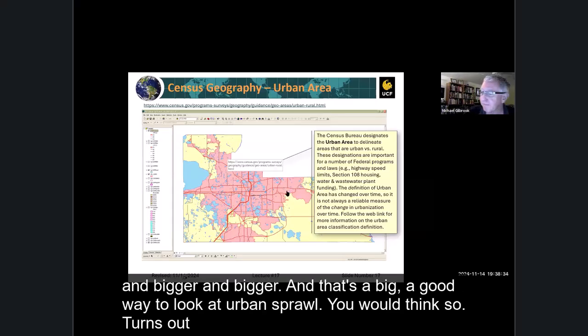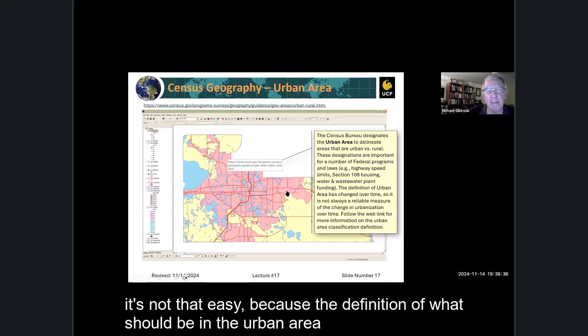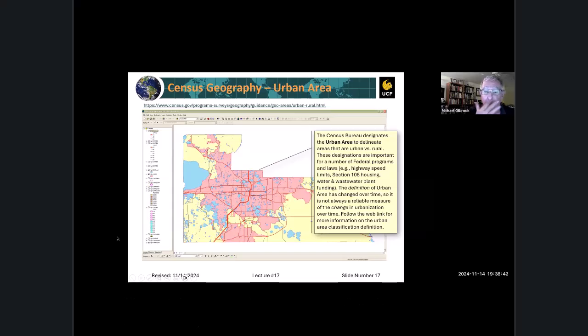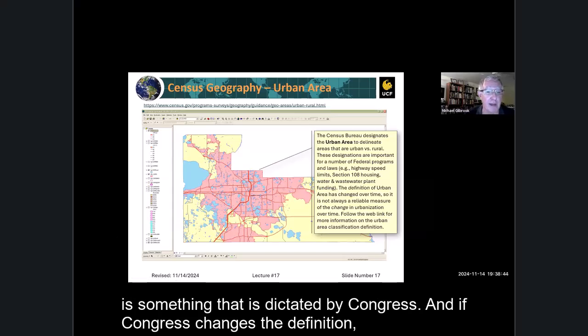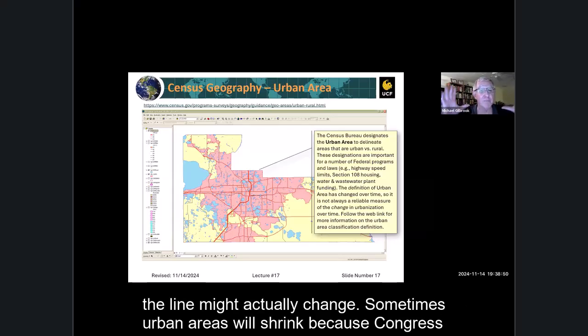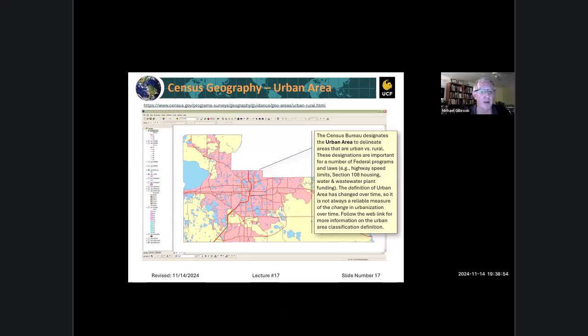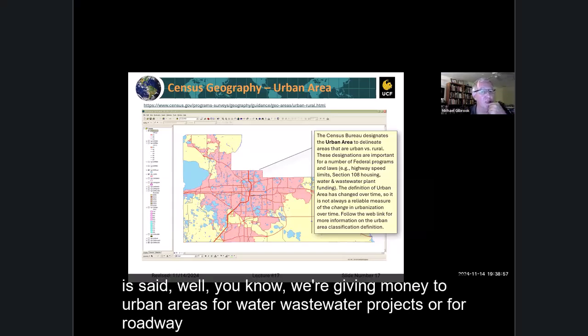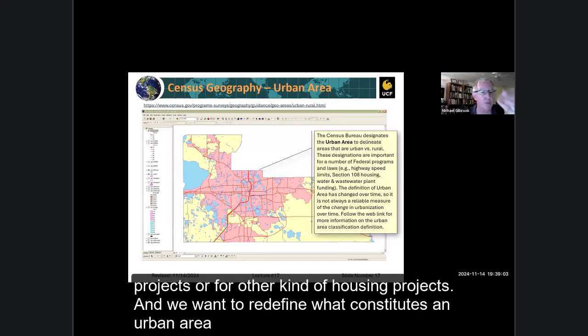You would think so. Turns out it's not that easy, because the definition of what should be in the urban area is something that is dictated by Congress. And if Congress changes the definition, the line might actually change. Sometimes urban areas will shrink because Congress has said, well, we're giving money to urban areas for water, wastewater projects, or for roadway projects, or for other kinds of housing projects.